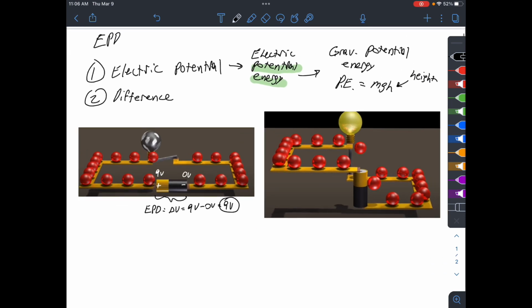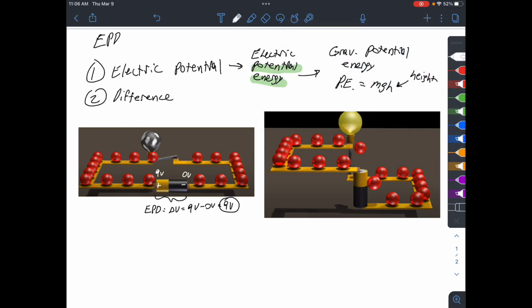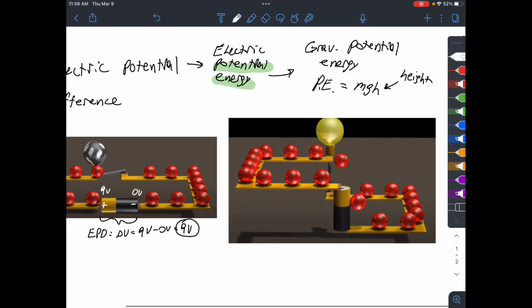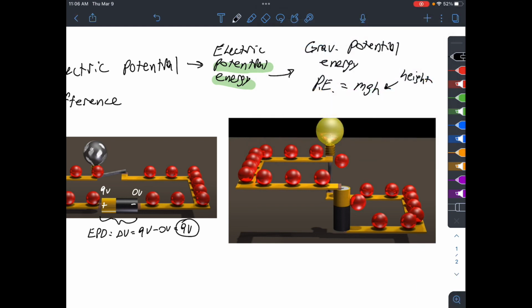And so here's where we get into, on the right, our height analogy. To increase the potential energy of an object, I need to raise it higher off the ground, essentially. And so when a battery gives an electron electric potential energy, it's kind of the function of the batteries to supply energy to the circuit.